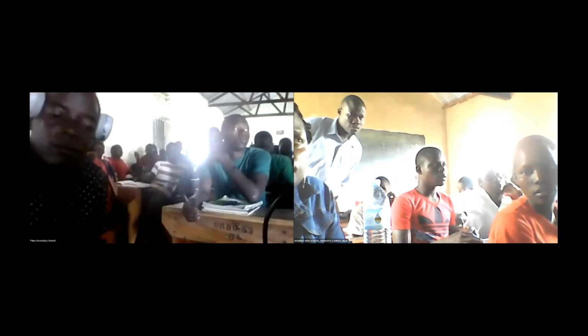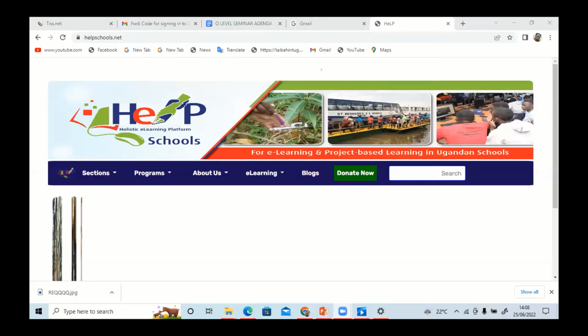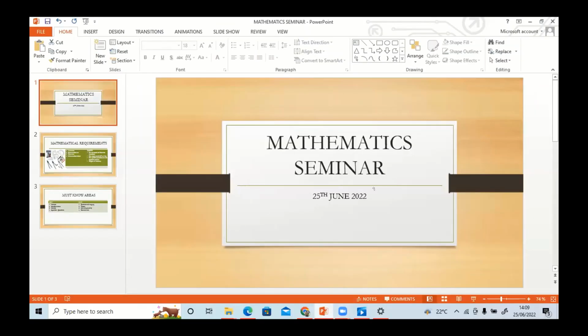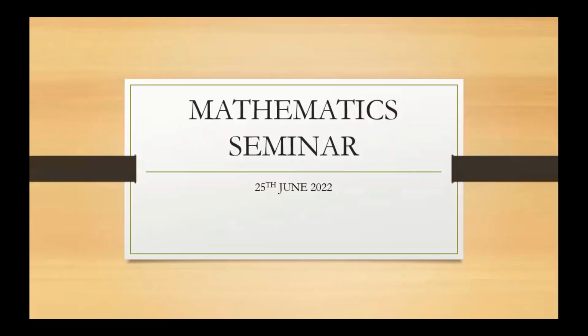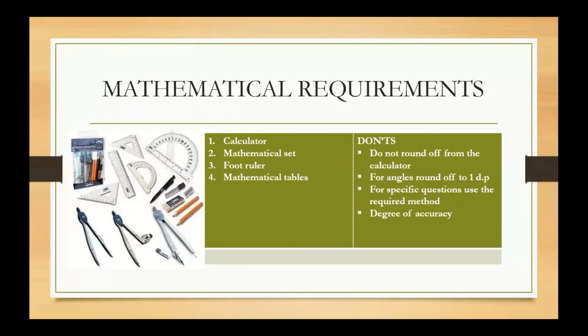Now, I want to thank all the teachers that have joined in, all the teachers that have prepared the learners, but I want to share something brief to our candidates. Within less than a month, we are going to be going in for our mocks. And what do you need to know? This is the last package for you. As you prepare for your math exam, please carry the following.